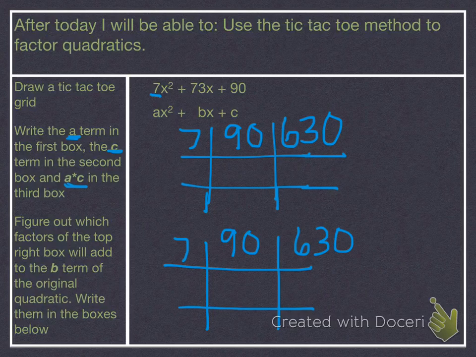We have to figure out the factors of the top right box. We have to figure out these factors, but they have to add up to the B term.